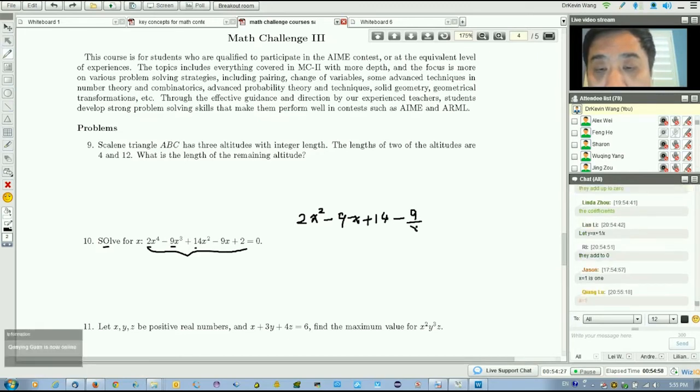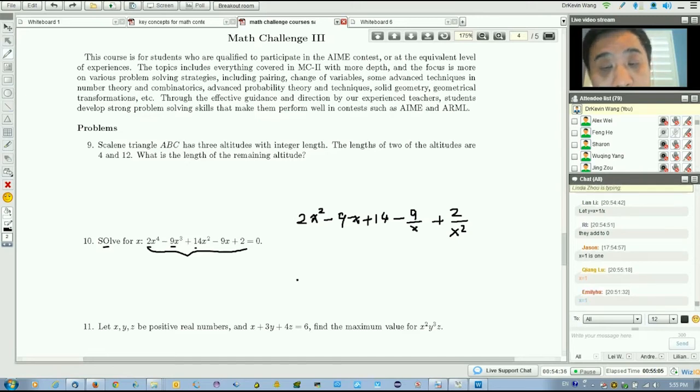Now the equation becomes 2x squared minus 9x plus 14 minus 9 over x plus 2 over x squared. Yeah, some people already see the trick and some people already see some solutions. Okay, so let's look at what I do on the board.